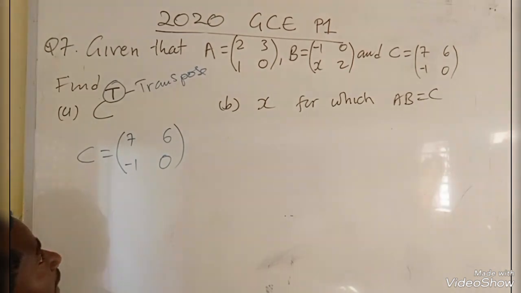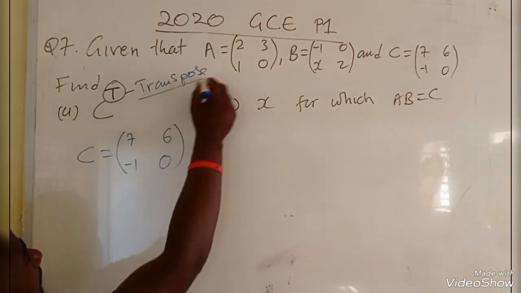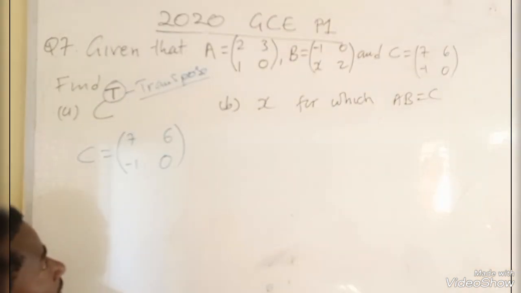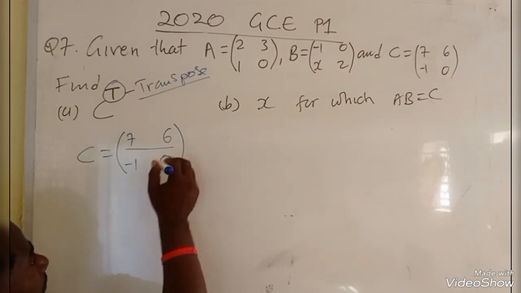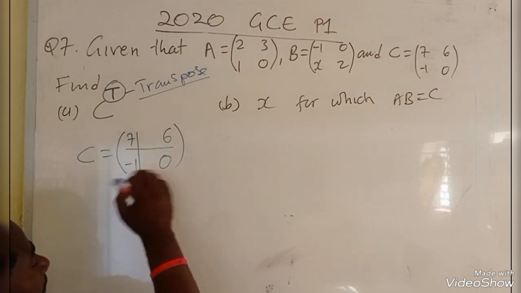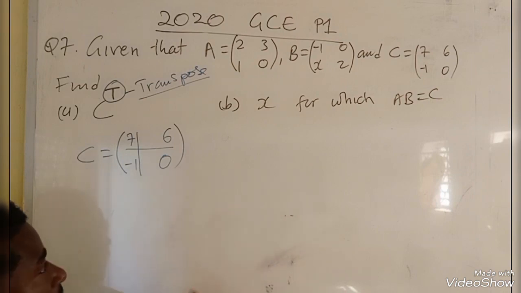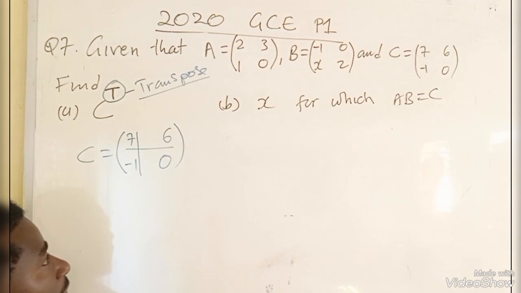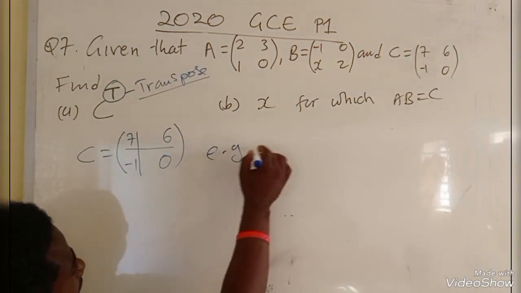We can obtain the transpose of a matrix by changing the row into a column, or a column into a row. That is how we can obtain the transpose. Let's give an example.